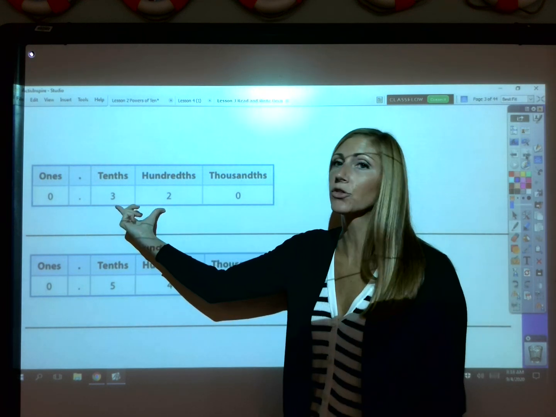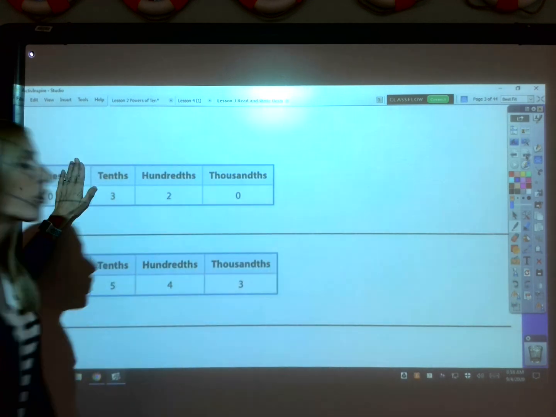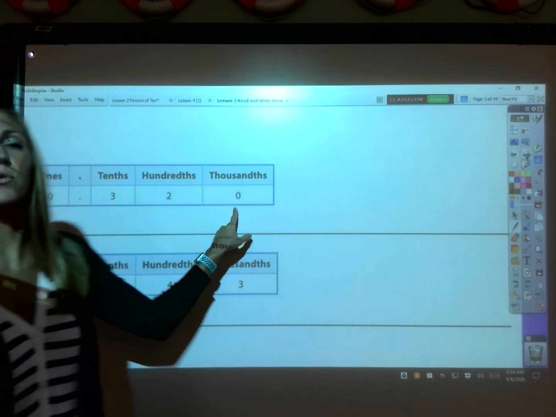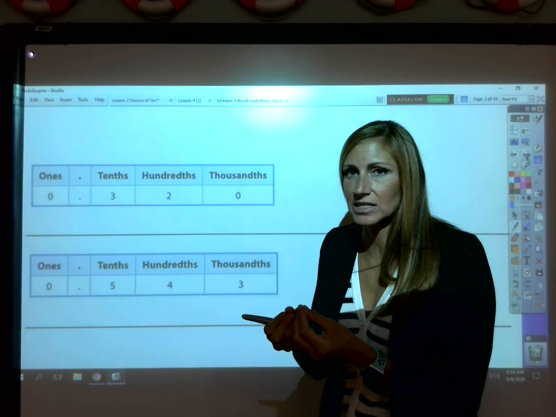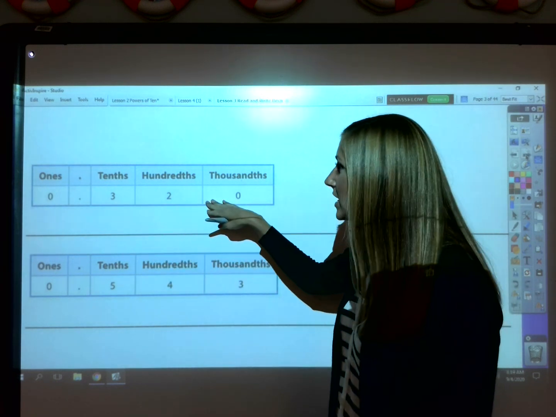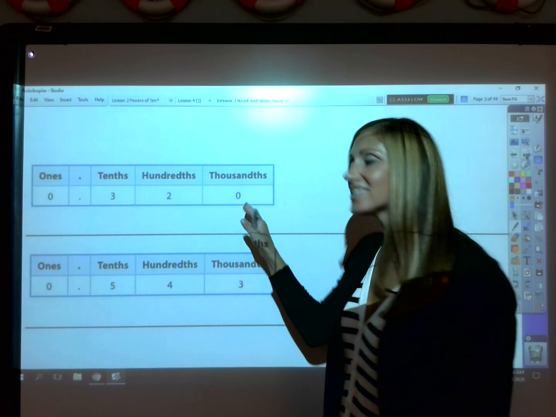Well, we can't say 32 because technically we have 320. Yeah, that 0 is actually holding a place value, so we need to use it when we're saying this number. So it's a 320, and then what place value does it go to? Thousandths.